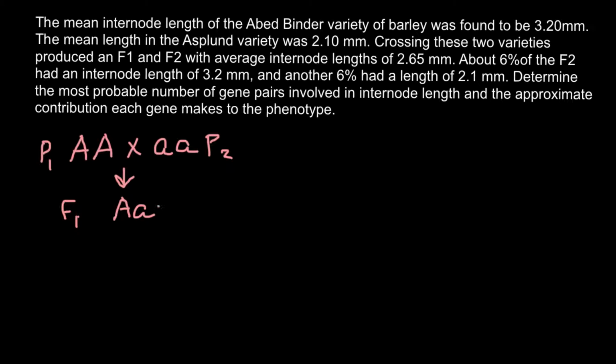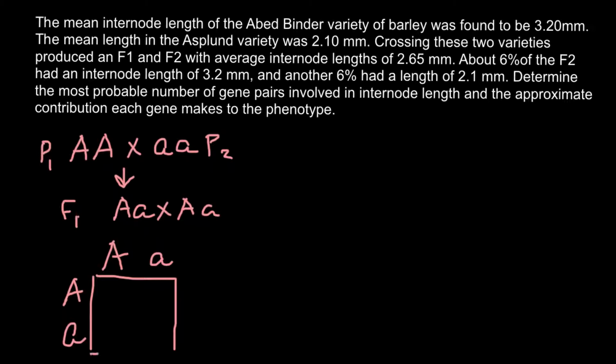But if we self-pollinate the F1 generation, we are going to get some distribution in the next F2 generation, and according to the Punnett square, our genotypes would distribute as follows: capital A, capital A, capital A, small a, capital A, small a here, and small a, small a here.